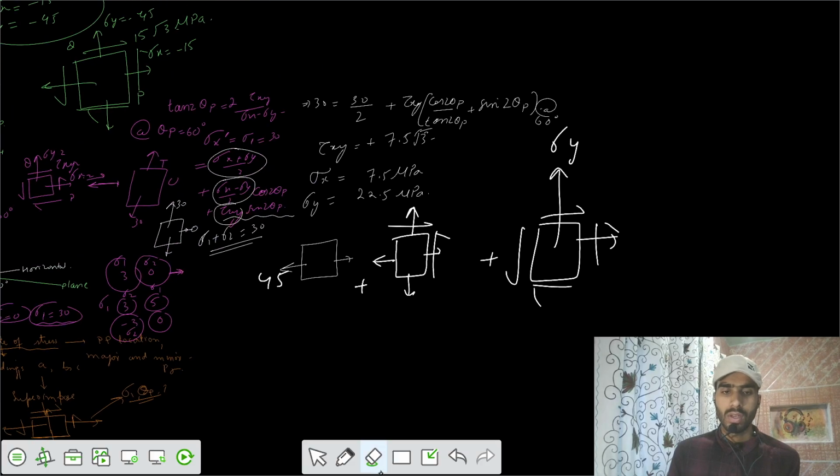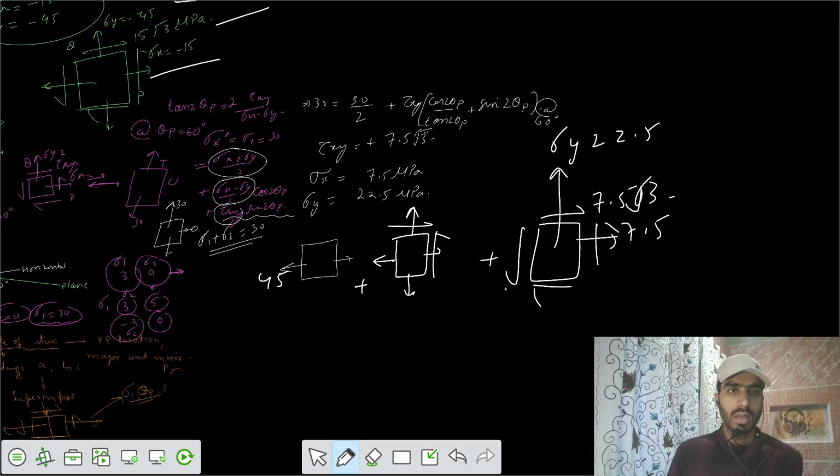Those values we have provided here, that sigma y equals 22.5, sigma x is 7.5, and shear stress of 7.5 root 3. And similarly in this one, I need to get this also, that 45 megapascal tensile, this is compressive. In case B, there are compressive stresses. Stresses are compressive in case 2. This is 45, and sigma x is minus 15, and shear stress is 15 root 3.